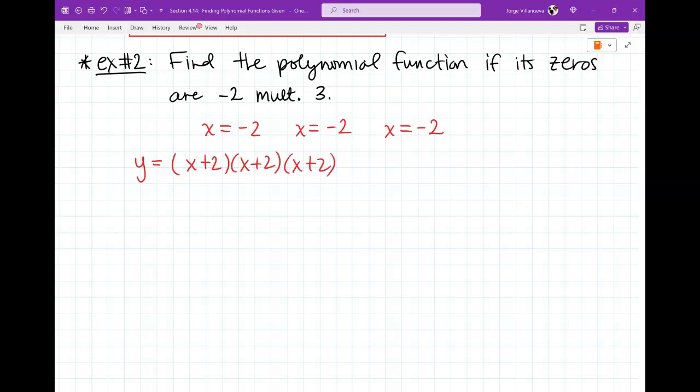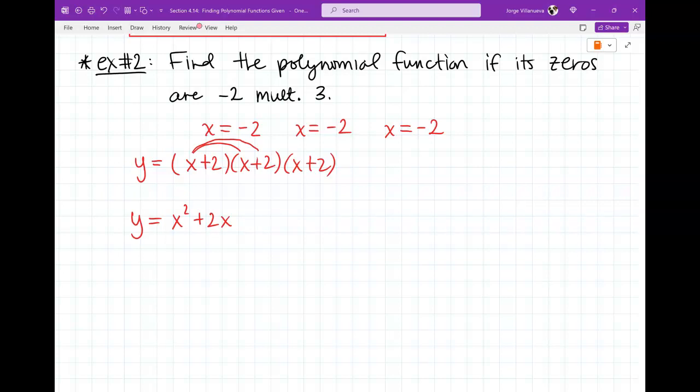Like I said, that's not hard to do, like to set it up. The idea is simple, but then here's the hard part, right? Is making sure you don't make mistakes in your multiplication. So that's always the tough part. So let's go ahead and start doing this multiplication here. We're going to do the first 2 here. So I get x times x is x squared. x times 2 is 2x.